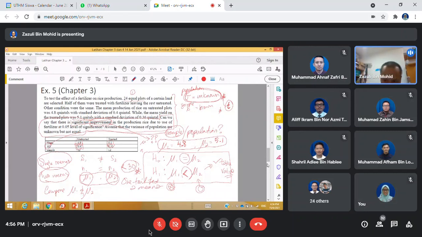We already know that it is T distribution, and we already know that it is a two-tailed test. So how we are going to look at the table and how we are going to do the calculation.